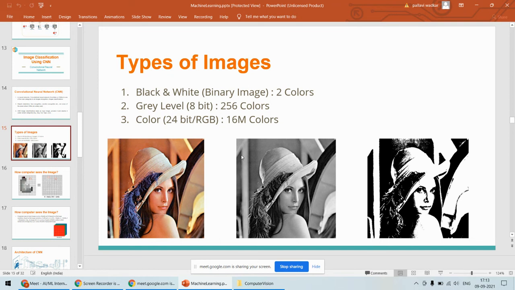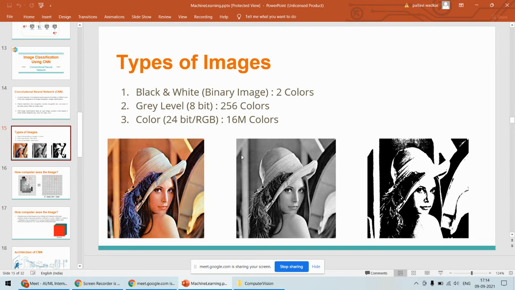And in most of the textbooks of image processing, you will find as an example image this image of model Lena. And now this image is actually a gray level image, which is the image at the center.